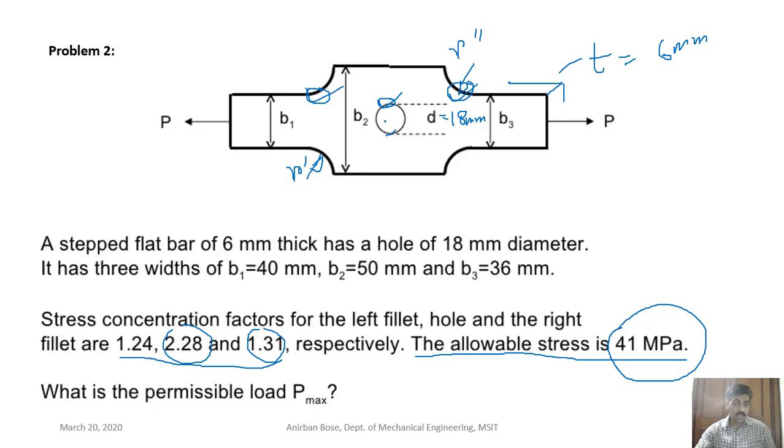You know how to find out maximum stress. But one thing you do not know, that is the magnitude of P. Since you do not know the value of P, if you write the formula, your maximum stress will be in terms of this P, right? So let us do this exercise and see what we are getting.